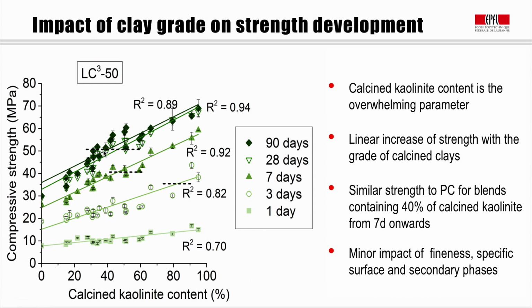Whereas if you're prepared to wait a bit longer, to about 7 days, then if you have a kaolinite content of between 40 and 50%, you will get a similar strength to your ordinary Portland cement. So this is very important because it means for this LC3 system, we don't need to use very high purity clays.